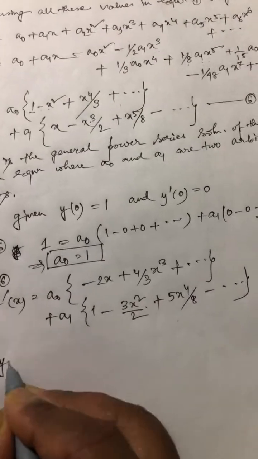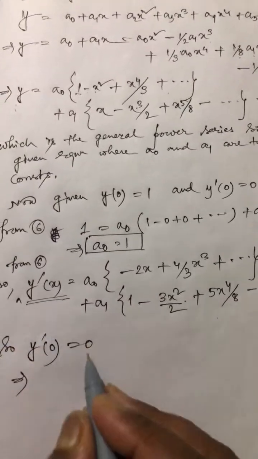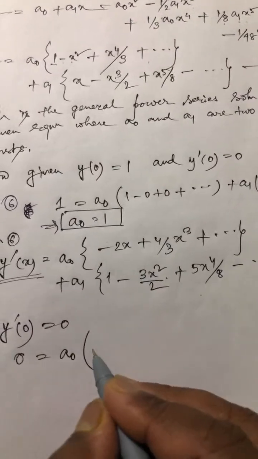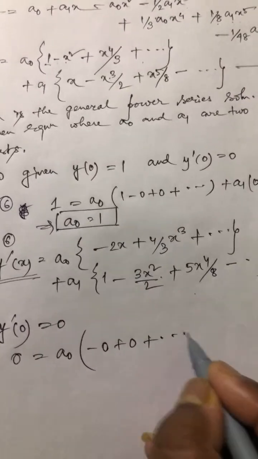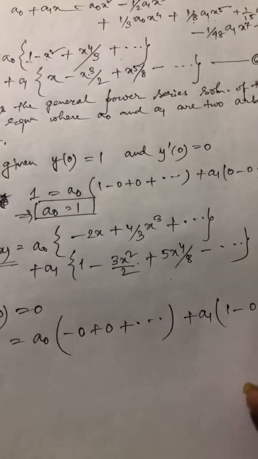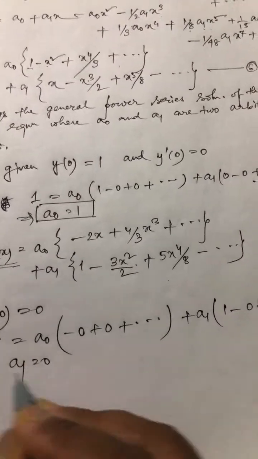So y dash 0 equal to 0 implies this part is 0. Putting x equal to 0, we have minus 0 plus 0 plus a1 times 1 minus 0 plus 0, etc. That means a1 is also 0.